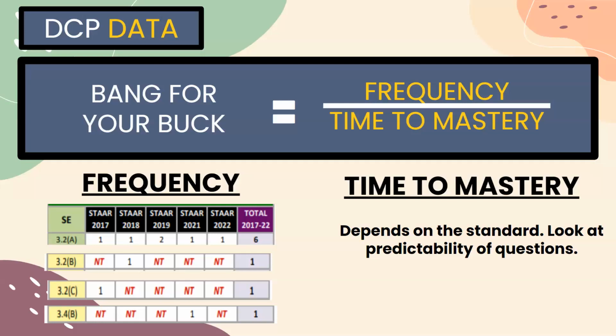So frequency is one reason, but let's also talk about time to mastery, and that depends on the standard. So what we're going to do is look at the predictability of questions. Another TEK that was on this test partly, but will also be on DCP2, is 3.4a, and that's adding and subtracting 1 and 2 step problems, right? Okay, so yes, they are word problems.